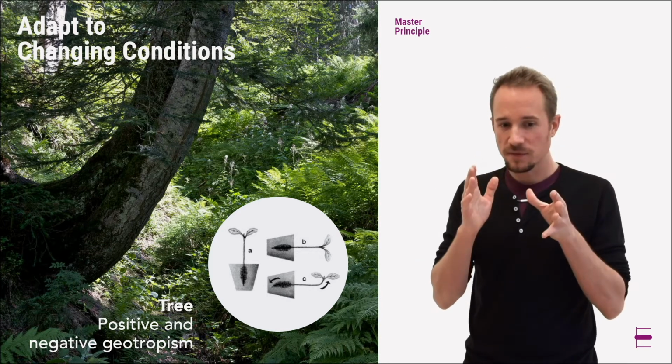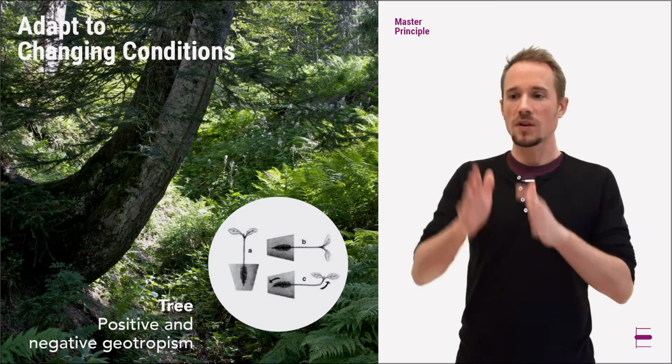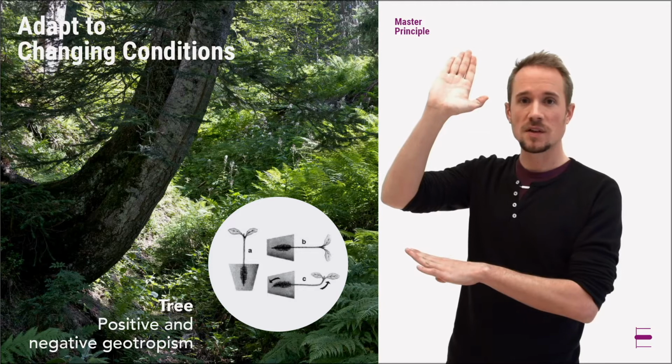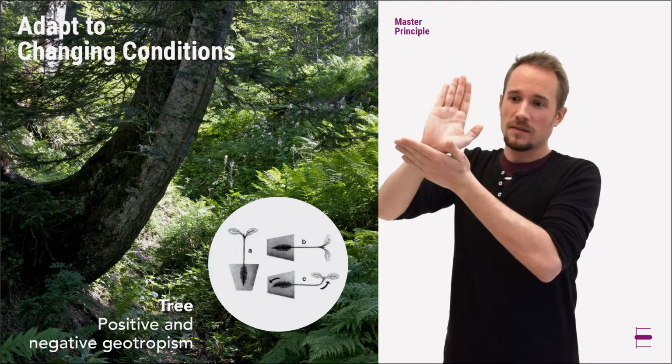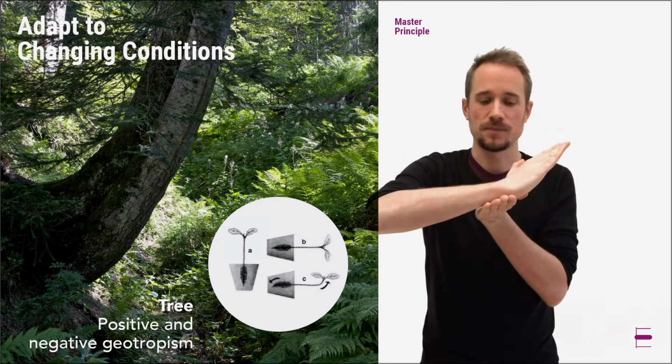But what happens if conditions change? What happens if a tree grew on some slope and it grew perfectly upwards to the sun, but then there was a landslide and suddenly the tree is totally sidewards?